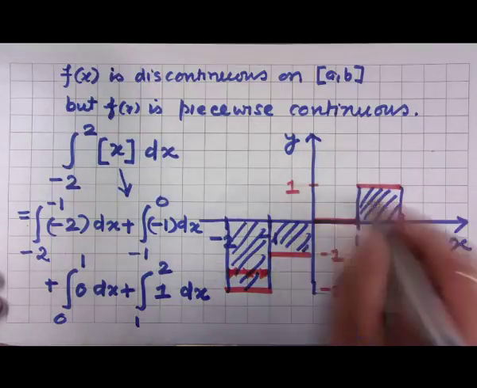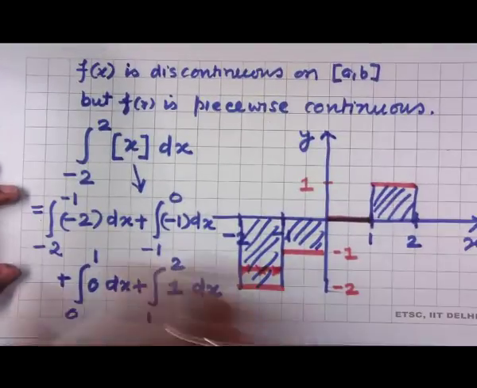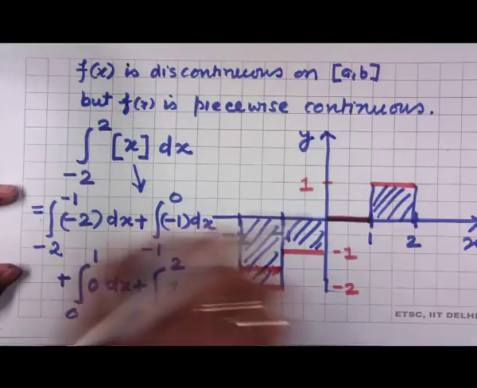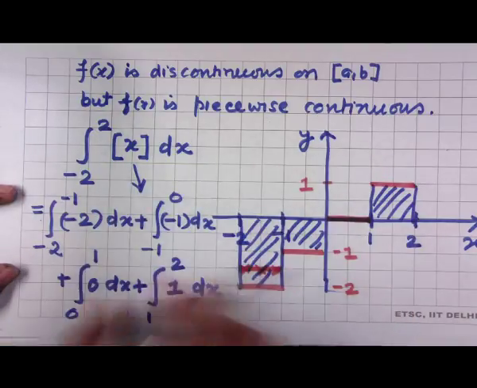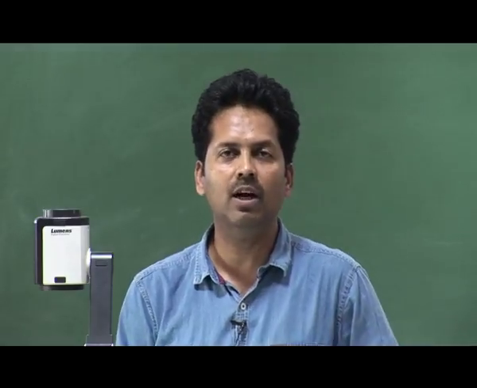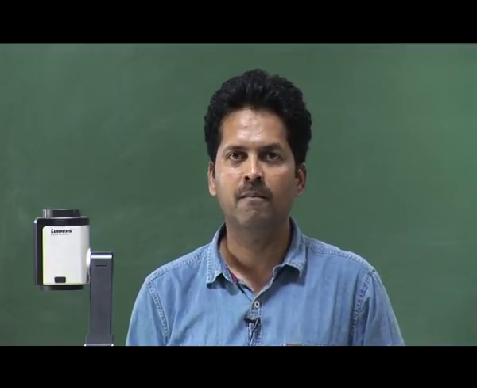So, if I ask you to find the area, then you have to put mod over here, because this is giving you negative values since the curve is lying below the x axis. So, you have to put mod and then add it together to get the value of the area. So, we have seen how to evaluate a piecewise continuous function.